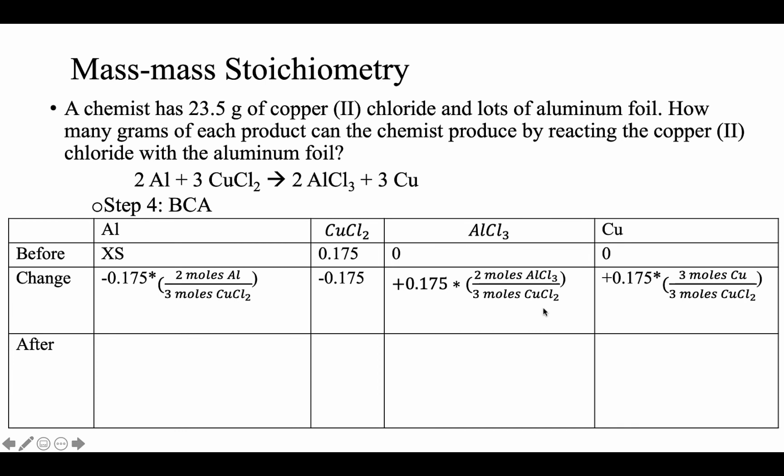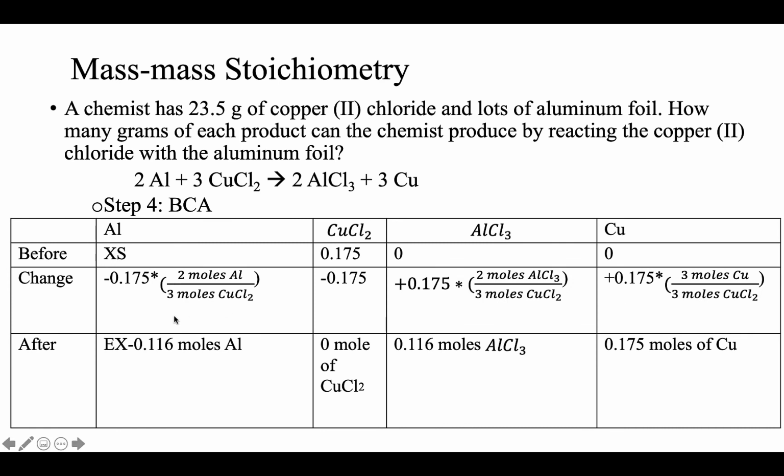As for my products, for aluminum chloride, I will have 0.175 moles of copper 2 chloride multiplied by the mole ratio between aluminum chloride and copper 2 chloride. As for copper, I will form 0.175 multiplied by, again, the mole ratio between copper and copper 2 chloride. That will give me 0.175 moles of copper produced.